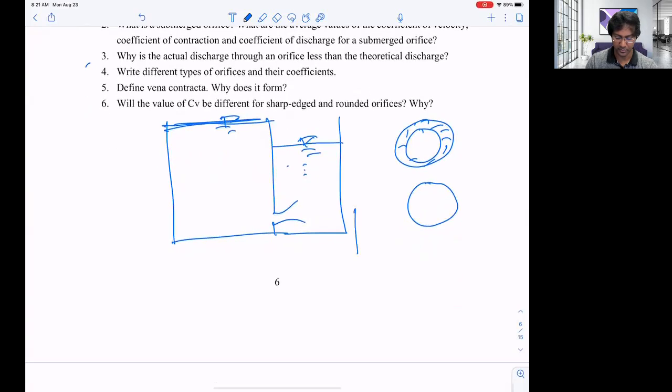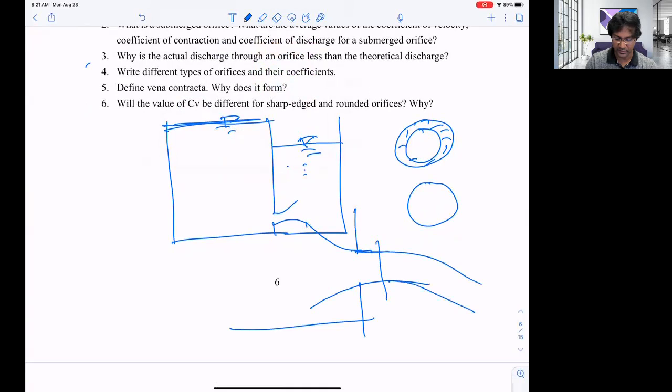We know that if we have any opening and we have flow, the streamlines are converging, and then it's flowing. So we have an area here that is minimum, right? That is basically 0.5 D, where D is the diameter. Because of this narrow opening and head, when the streamlines have a path to flow, it converges at first.